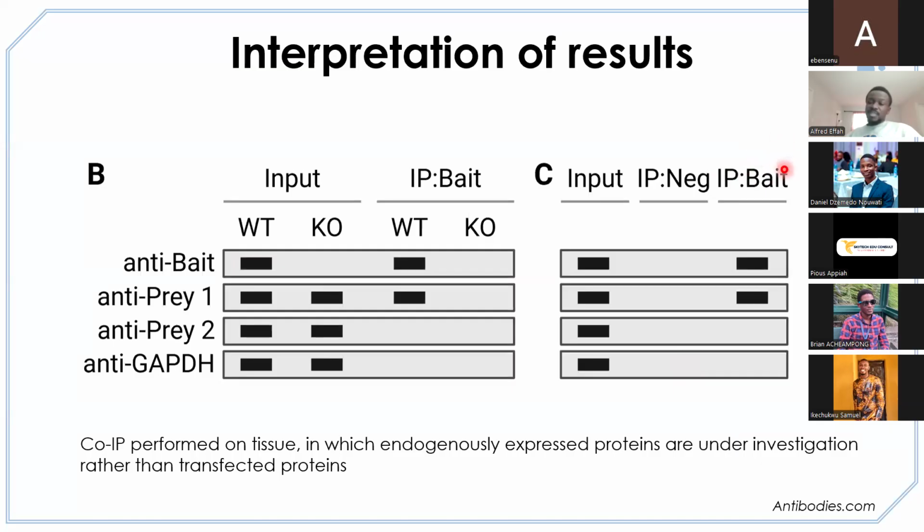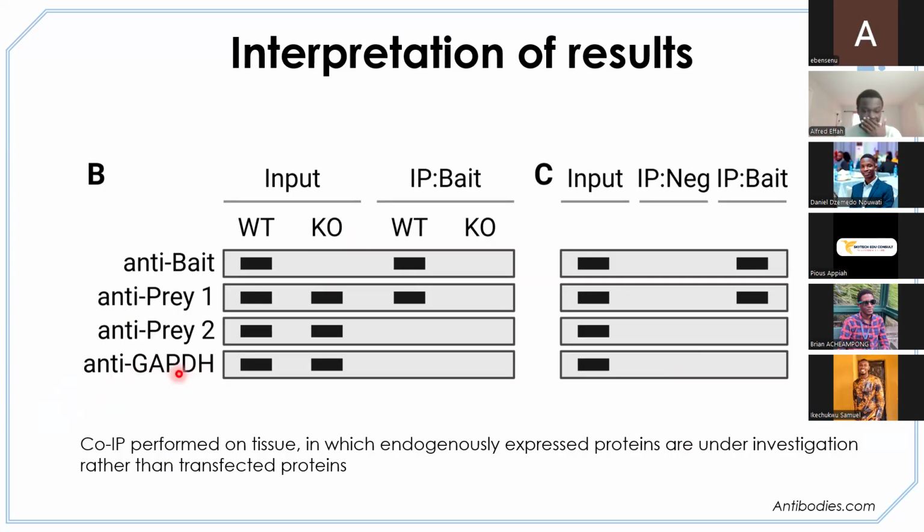Now, after performing the Western blots, we could see that the bait is present. We use antibodies against the bait, it's present, and we can now confirm that it's interacting with only protein 1 and not protein 2. So that's how the whole thing is. Now, someone would want to find out why we have GAPDH.